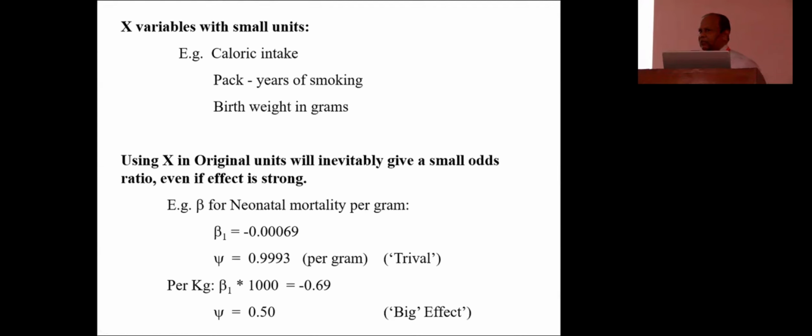Would someone like to interpret this 0.001 for me? Or shall I ask you a question? Is it important to look at nutrient intake, calorie intake? Very small effect. Shall we throw it out?